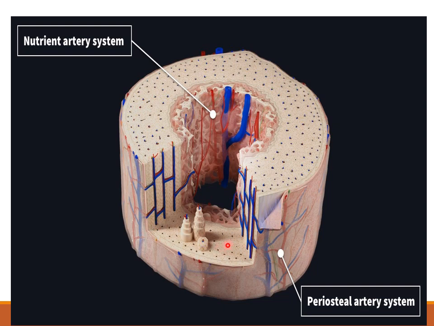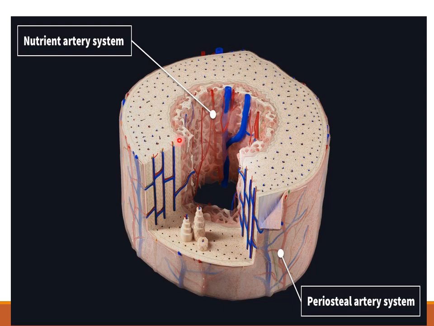In the outer 1/3 of these osteons, the blood vessel in their central Haversian canal is from the branches of the periosteal artery, and the inner 2/3 is supplied by the nutrient artery.